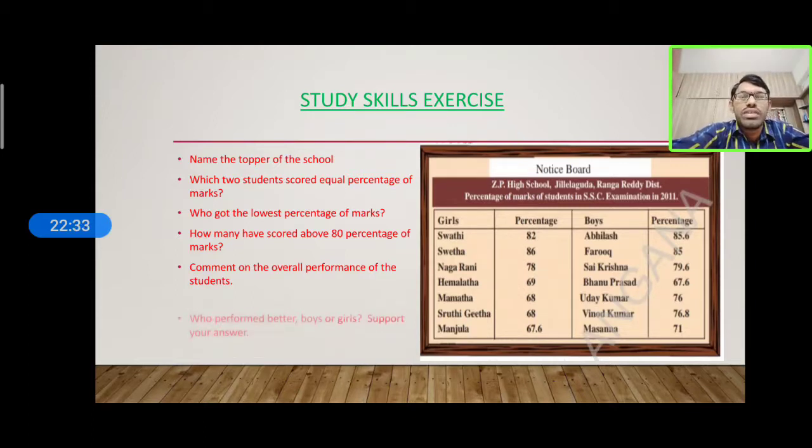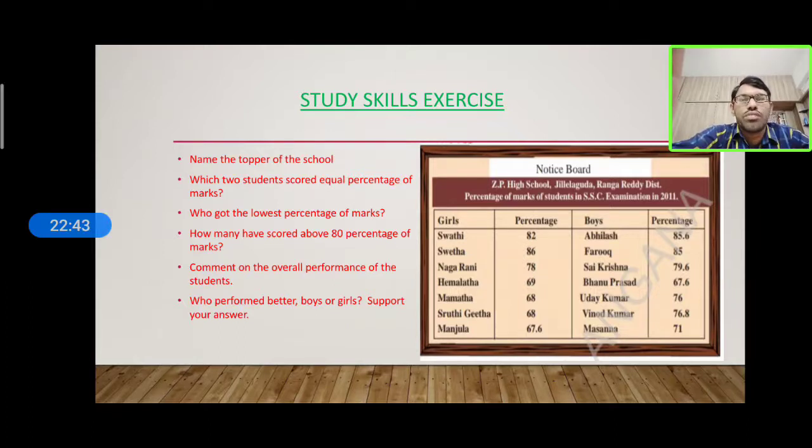Next, who performed better, boys or girls? Support your answer. First count in the boys how many members got more than 80%. Next, in the girls, how many members got more than 80%. If more boys than girls scored more than 80%, then write down boys performed better.